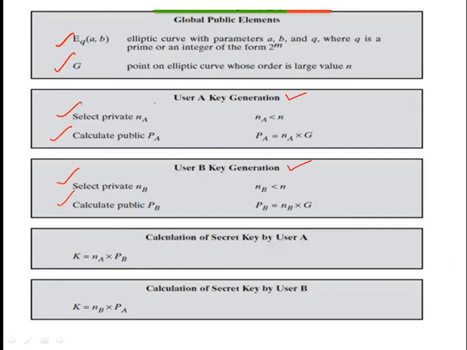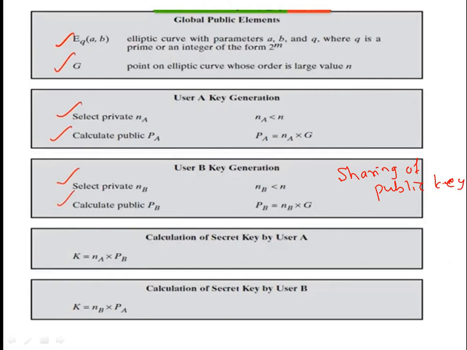So how is it? We already know that we need to select a private key and then calculate the public key by using this formula. Similarly here in B, the same thing is applied. Now after that what we will do? We will share the public keys, right?